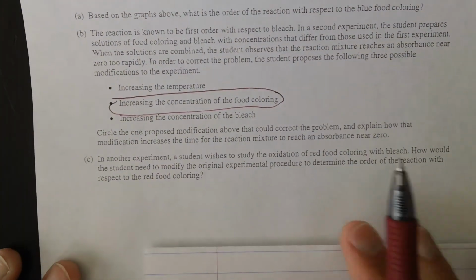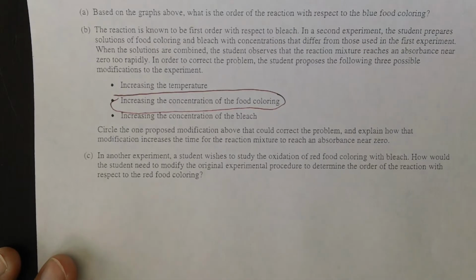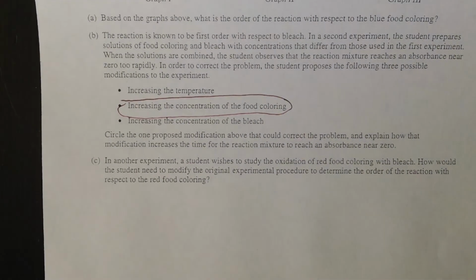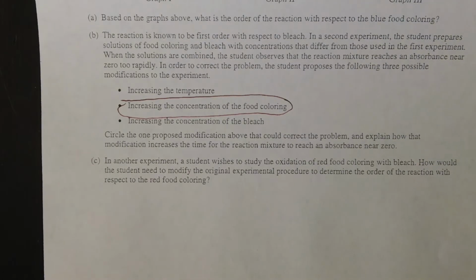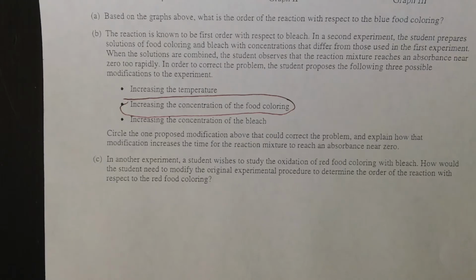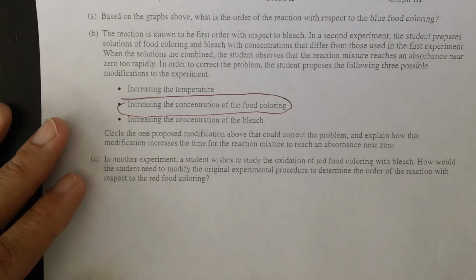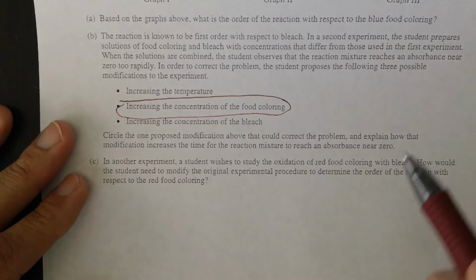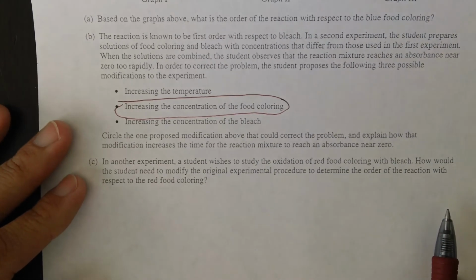these are quick hitters. In part C, it says another experiment, the student wishes to study the oxidation of red food coloring with bleach. How would the student need to modify the original experimental procedure to determine the order of the reaction with respect to the red food coloring? So the only difference here is we initially had a blue food coloring that we did this experiment with. Now we have a red food coloring.